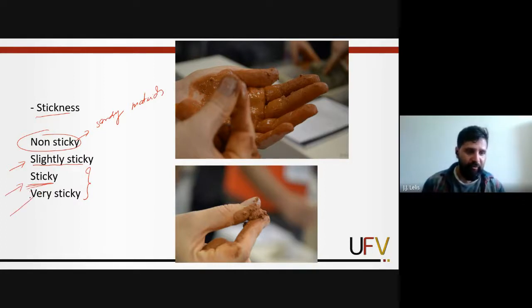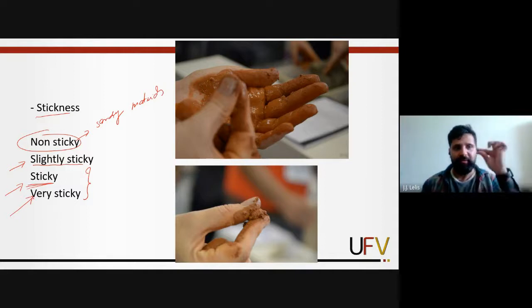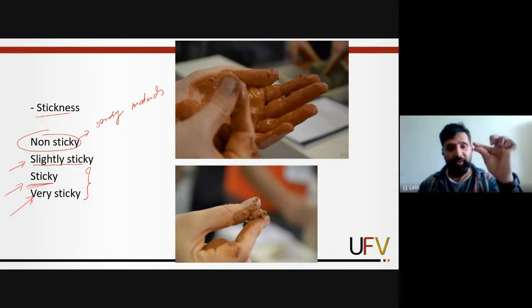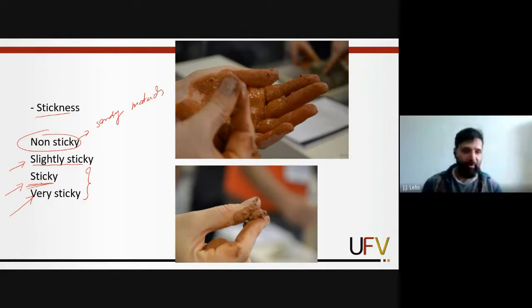And if I feel a very strong resistance to separate my fingers, so the material starts to get together with my fingers, and they shouldn't, I can't separate my fingers very easily, I will describe it as a very sticky consistency.